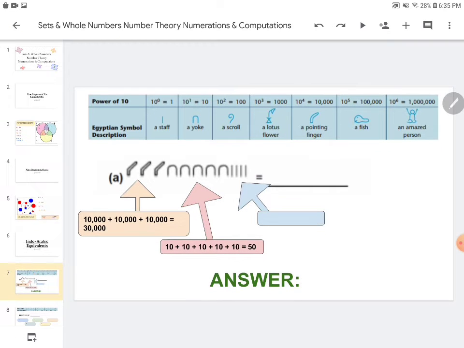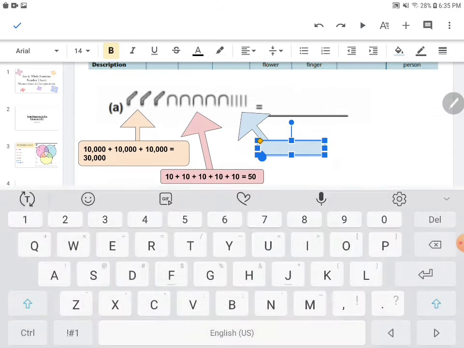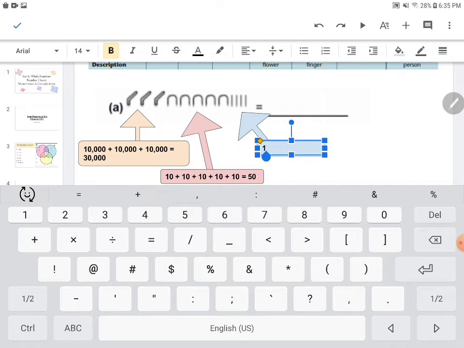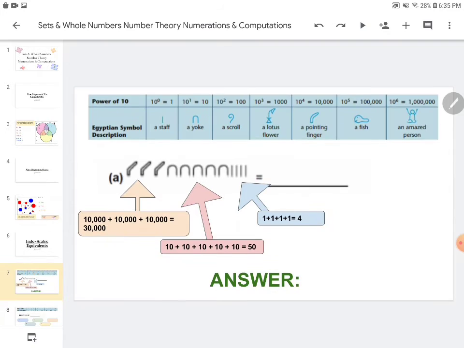For our last part of the problem, we're presented with 4 of the staffs, and 1 staff is equivalent to the number 1. So if we add the number 1 4 times, we get 4.